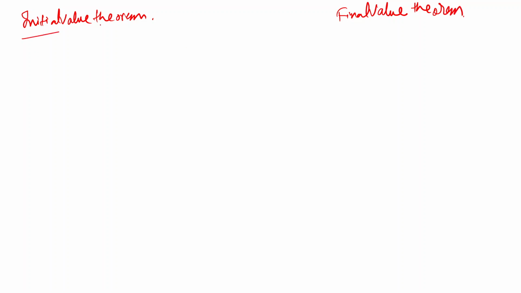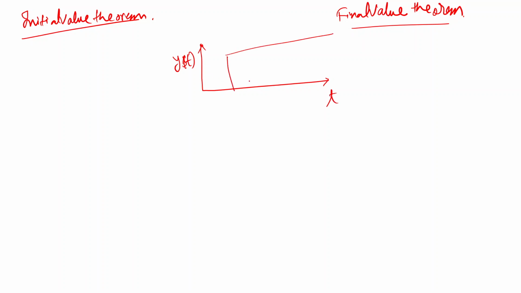So we are looking into these two theorems, that is the initial value theorem and the final value theorem. Let's say we have the response or the output of any system. Let's consider this in the time domain. For a first order system, we know that the response will follow this dotted line.